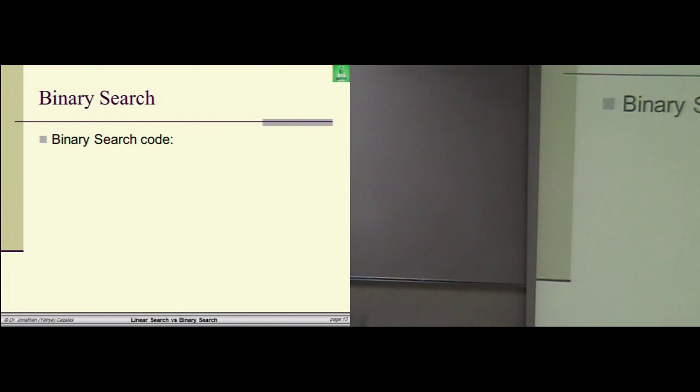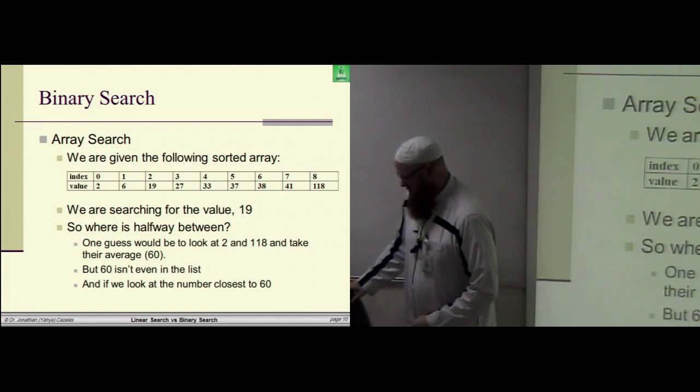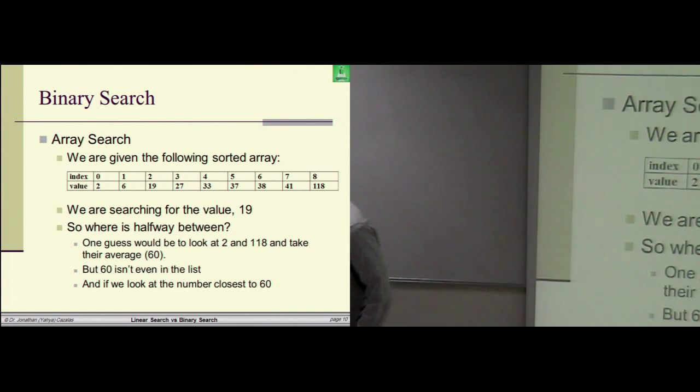So I want you to think about the code before I show you the code. If I come back to our slide with the array, at the very beginning, think about what we will do. The pen is not working very well, so I would like to change the camera to the screen so I can write using Notepad.